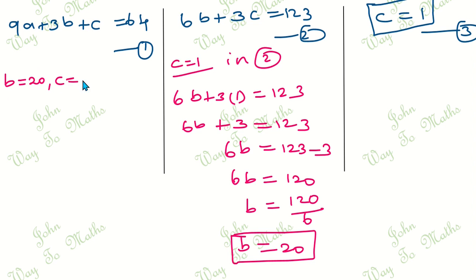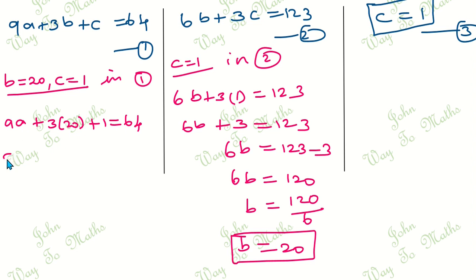Now b is equal to 20 and c is 1, so we substitute in equation number 1. 9 times a plus 3 times b, which is 20, plus c, which is 1, is equal to 64. So 9a plus 3 times 20 becomes 60, plus 1 is equal to 64. Here 9a plus 61 is equal to 64.